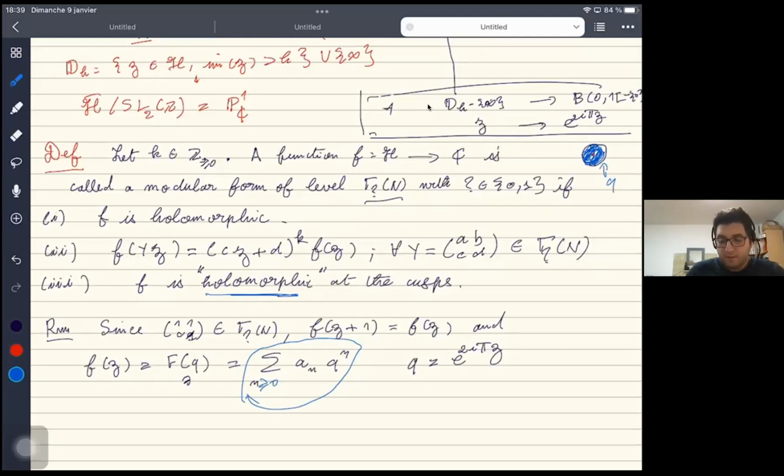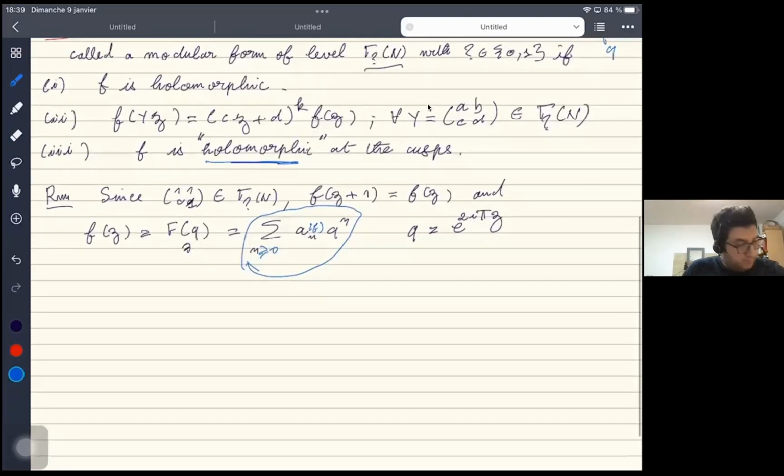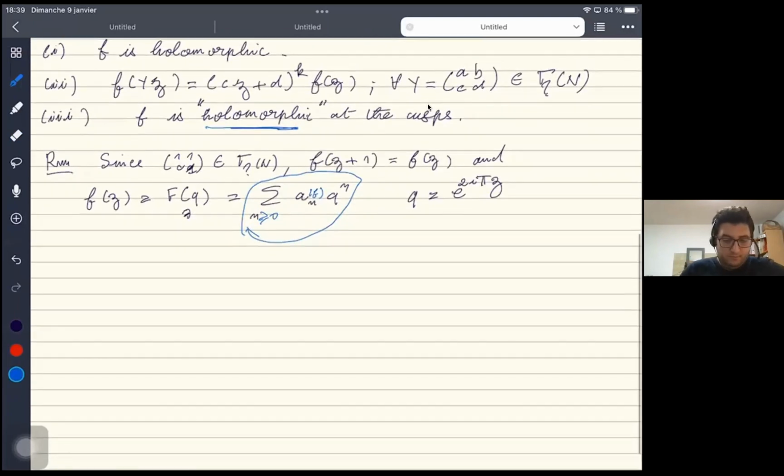You don't have a pole, I mean, you don't have 1 over q or 1 over q squared. And q here is the exponential of 2 pi i z. The a_n are called the Fourier coefficients of f, and the Fourier coefficients determine f uniquely.